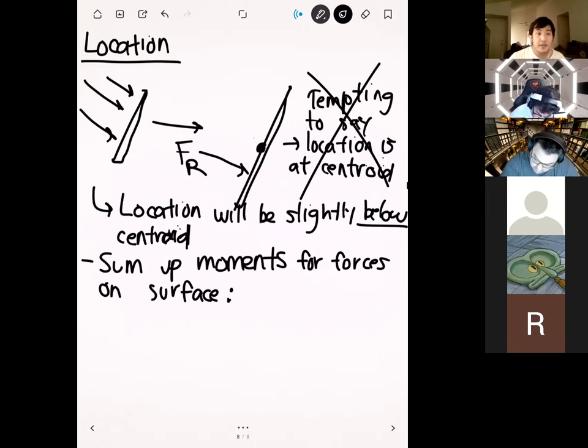But the sum of the moments also has to be 0. This surface is a rigid object, so it could rotate like this. In order for it to stay in place, the sum of all the moments here has to equal 0.